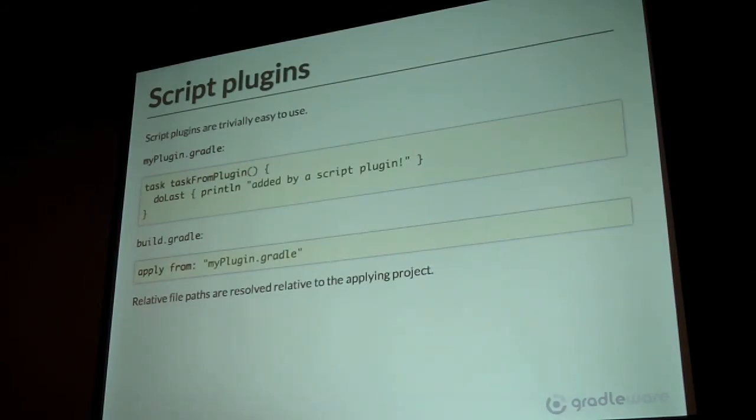It comes from the project object, so it's project.apply, and then what's the rest after the colon? Exactly, it's a method call of the apply method, which is declared on the project class, and it passes one named parameter. Groovy has this feature, and the name of the parameter is from, and the value is this one. Here you could have the parentheses if you wanted, apply open parenthesis and close parenthesis, but in Groovy you can leave that off. So technically that's a method call that passes one named argument.